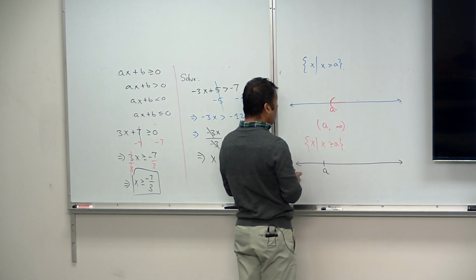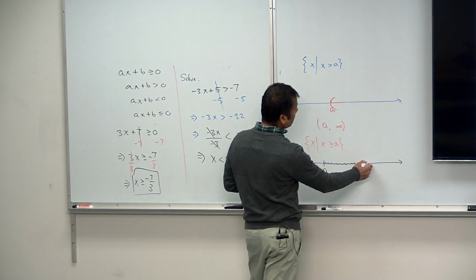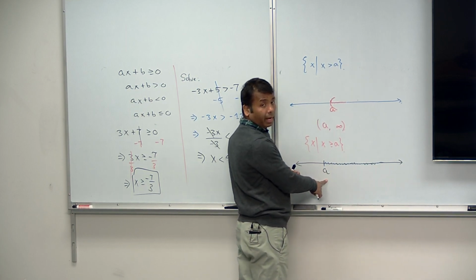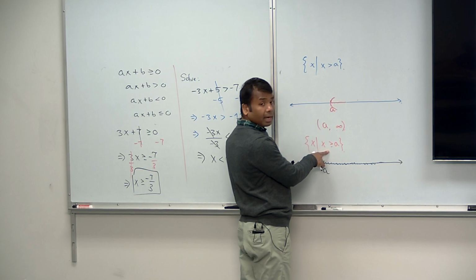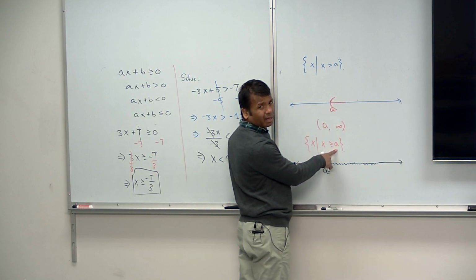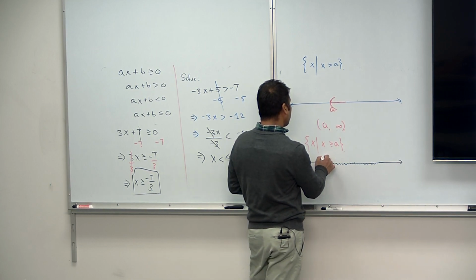So that means all values of x to the right of a, like this, and it also includes a, because x is greater than or equal to a. Does that make sense? So now we have to put a bracket.